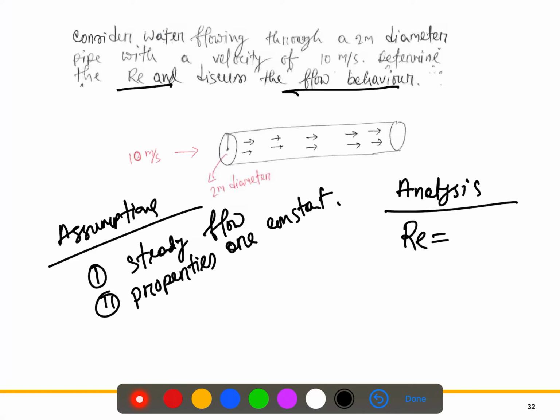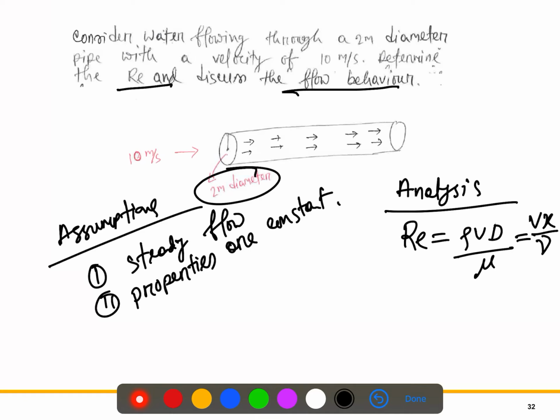We can write it two different ways: rho V, here this is a pipe so we have the diameter, so instead of L or X, length or distance, we'll say diameter here, over dynamic viscosity. Or we can write what we did previously, Vx over kinematic viscosity.